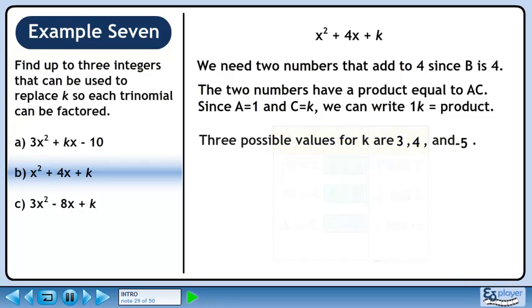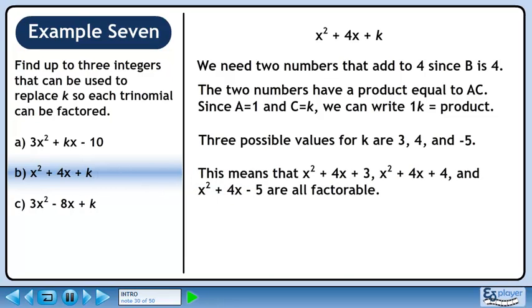Three possible values for k are 3, 4, and minus 5. We could have gotten more, but the question says we just need up to 3. This means that x squared plus 4x plus 3, x squared plus 4x plus 4, and x squared plus 4x minus 5 are all factorable.